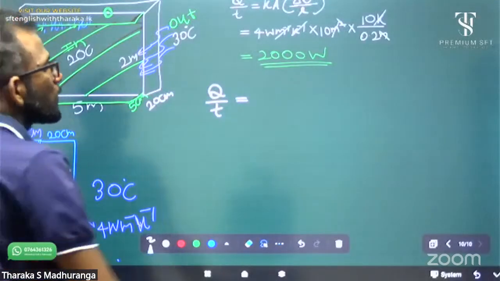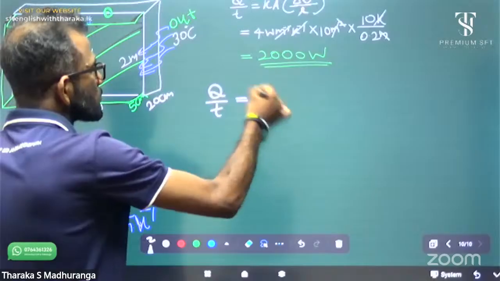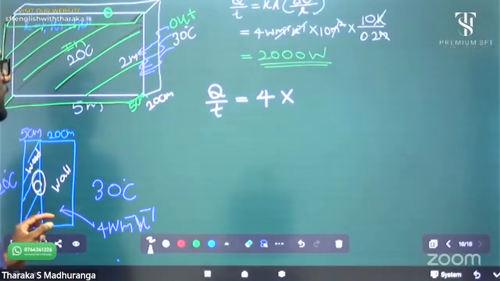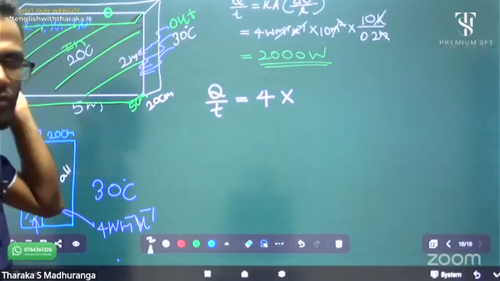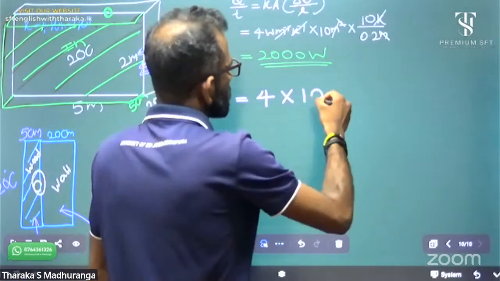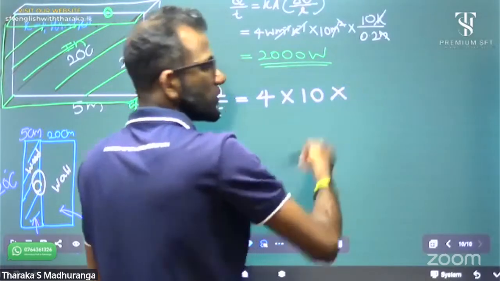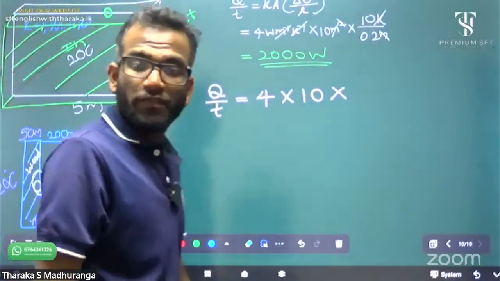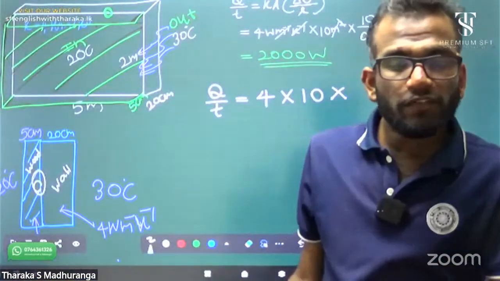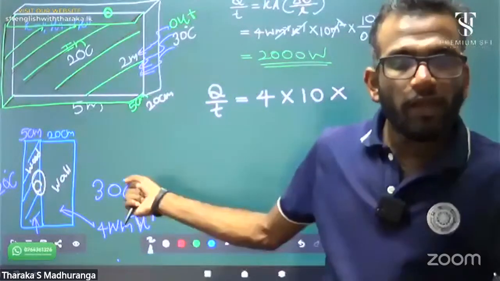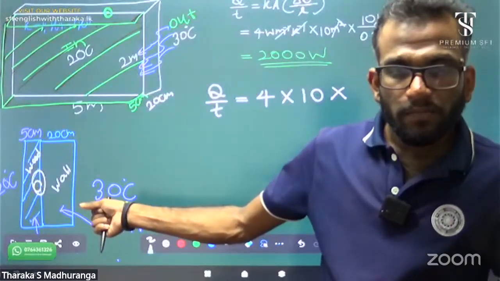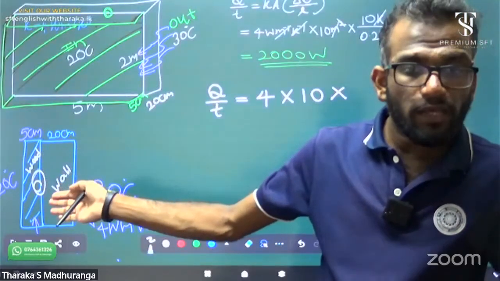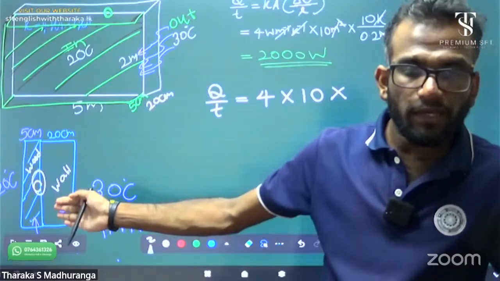Now, wall. The thermal conductivity is 4, I'm writing the short form without units. What's the cross section area? 5 into 2, it is 10 square meter. Multiply. Very important, the temperature difference. What is the temperature difference of the wall? 30 minus 20 or 30 minus theta? 20 is the inside room temperature, then it is the edge of the wooden layer.